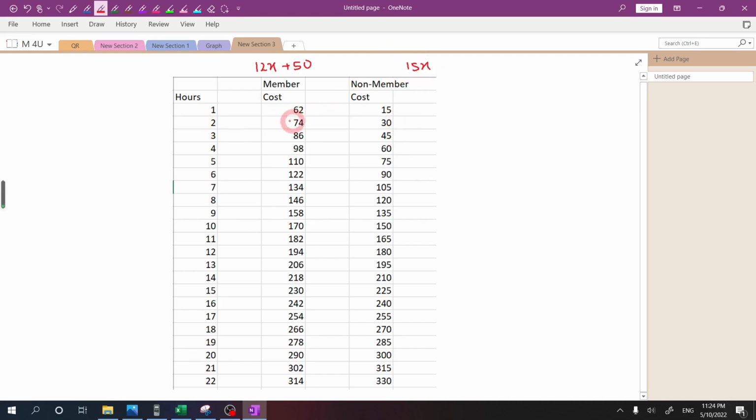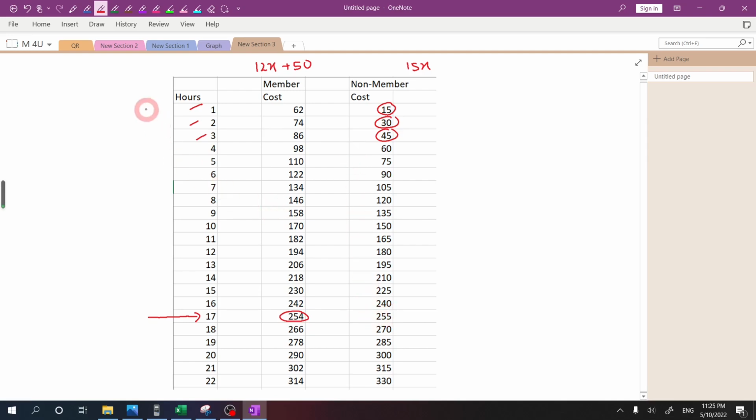You will notice that if I just only want to rent for 1 hour, this is cheaper, right? 2 hours, this is cheaper. 3 hours, 45 compared with 86. Pay 45 is cheaper. So until, try to look at this table, until here, this non-member is cheaper than member.